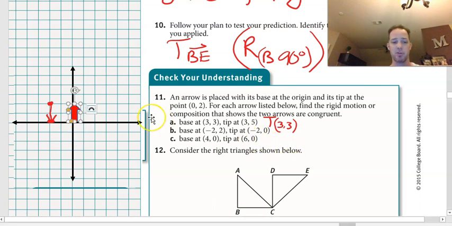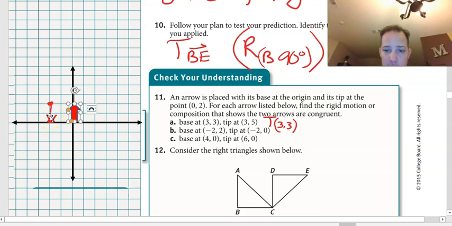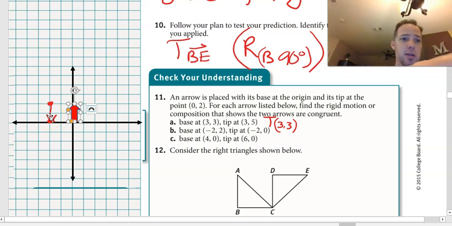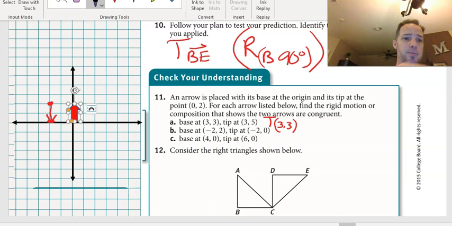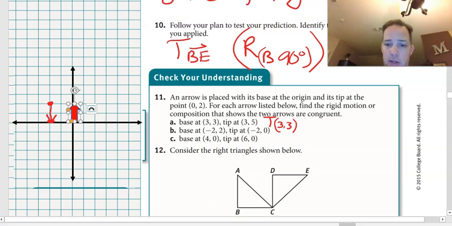Let's just put one of those. Let's say we translated left 2 units, and then we rotated 180 degrees about the point -2, +1. So the first thing we could do is a translation to the, let's use a different color here. All right, translation left 2.